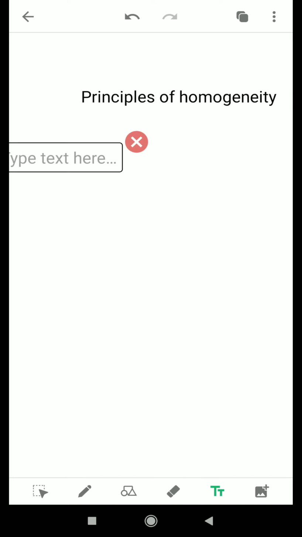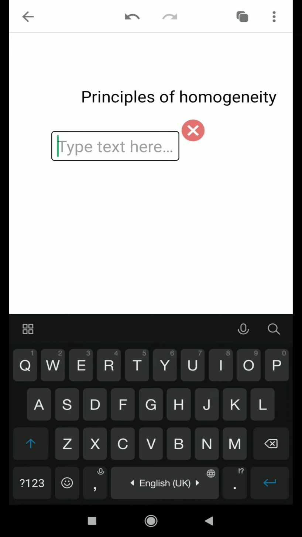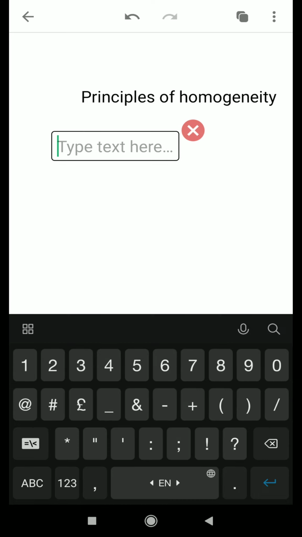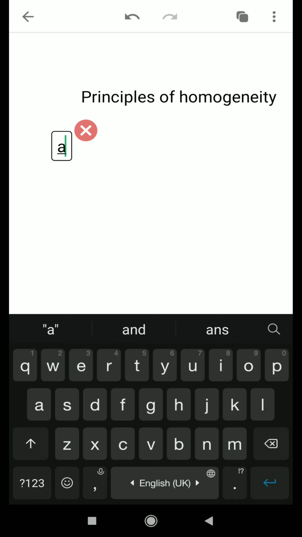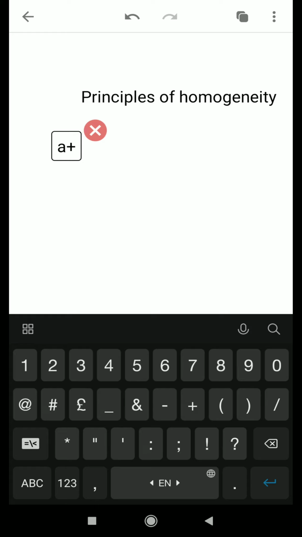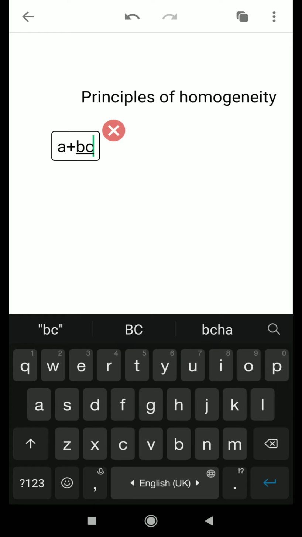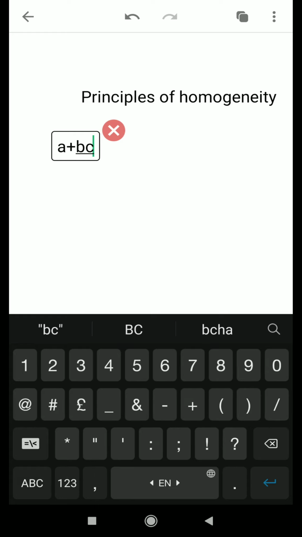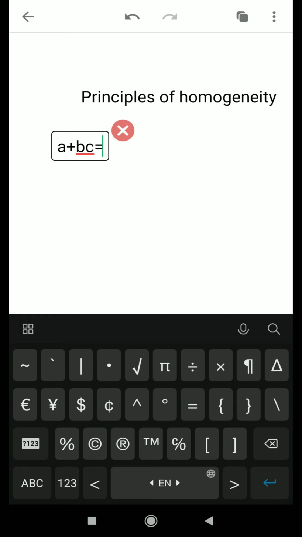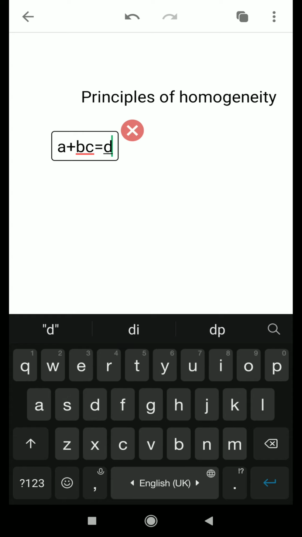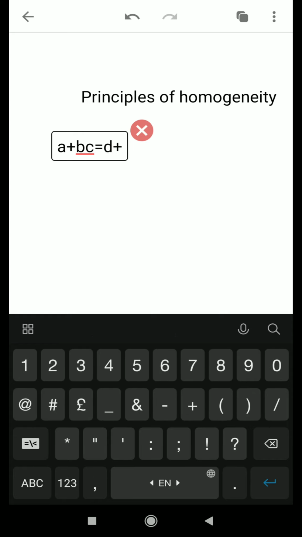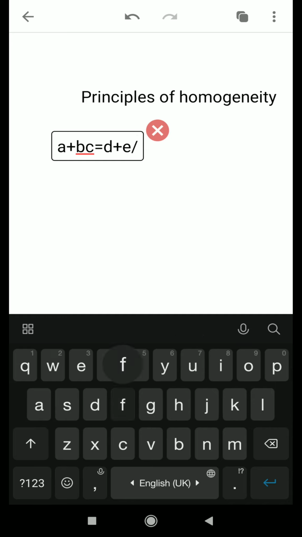Suppose a dimensional equation is given such that A plus BC equals D plus E by F. Clear?